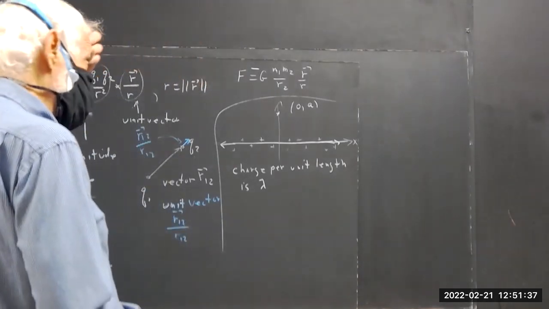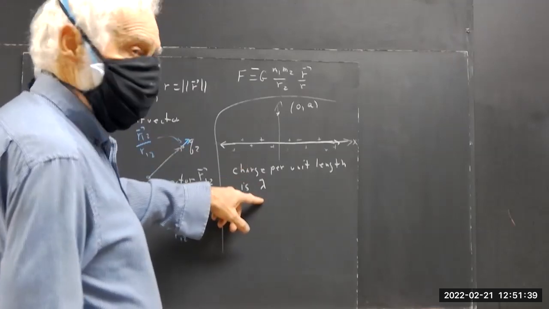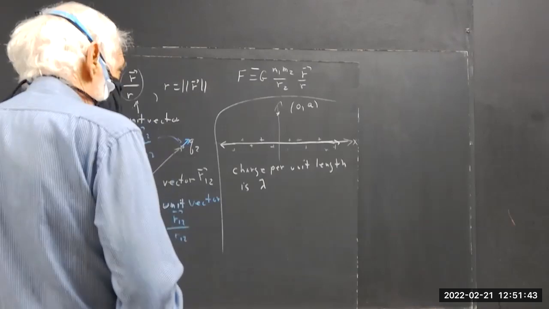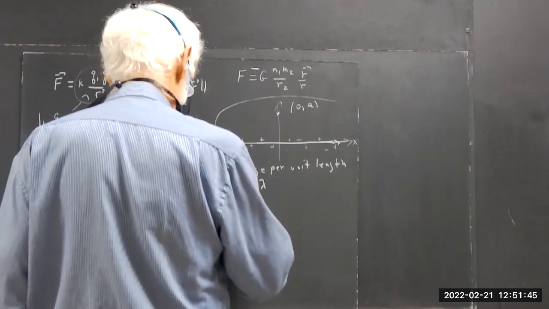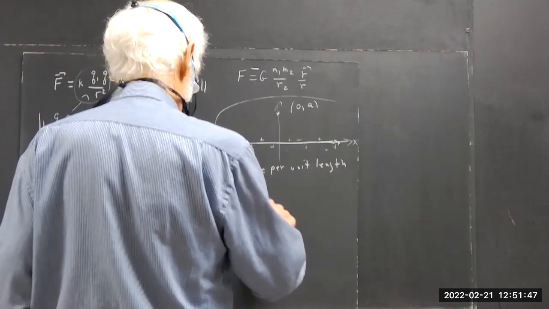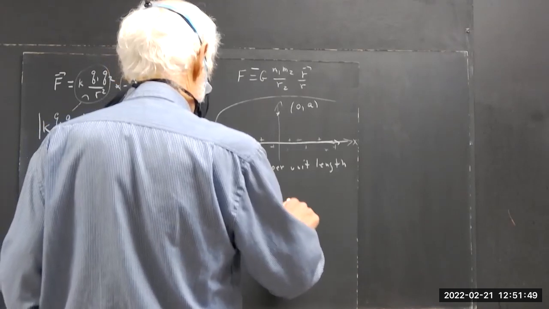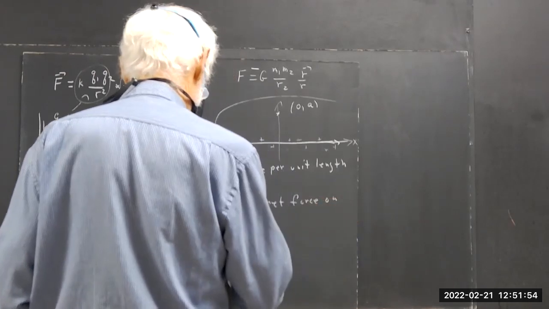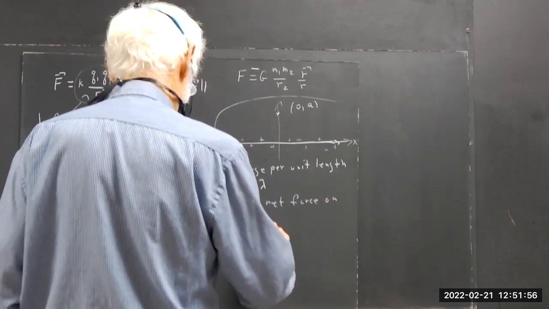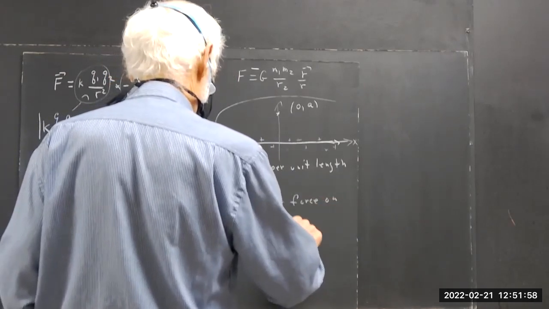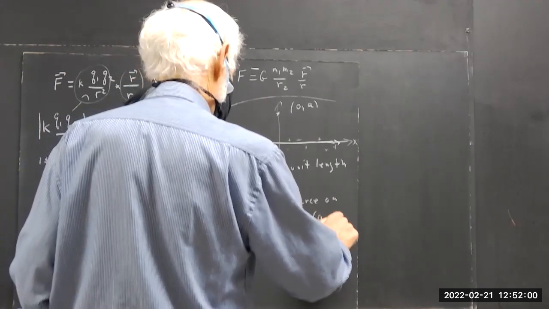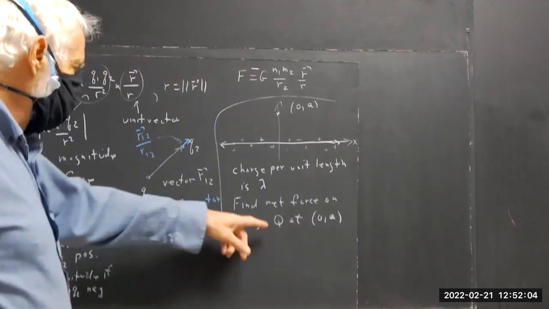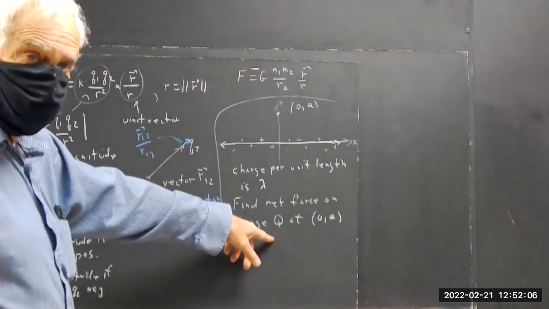Very important stuff. Okay, you've got a charge per unit length of lambda. So now we want to find the net force on a charge Q at 0, a.